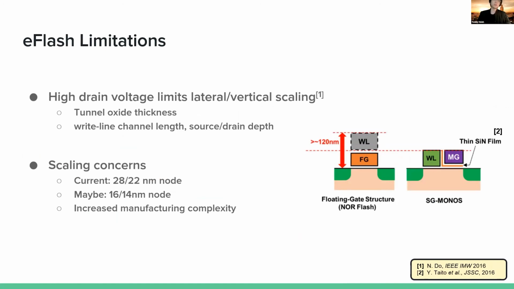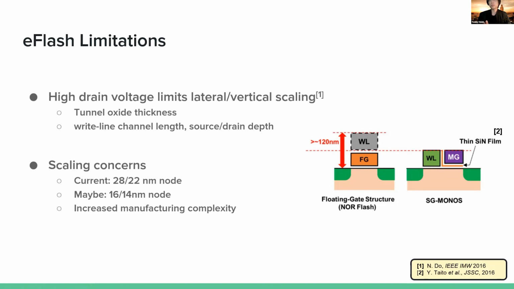Yeah, so you're absolutely right. eFlash looks like it's still the dominant technology in the current node. And I kind of just went back to the eFlash slide here, especially this SG-MONOS. You see how they went from 120 nanometer pitch to even lower. I don't recall the exact number on this, but compared to what I said for IBM, which is 160 nanometers, yes, eFlash still has the advantage in the current stage.